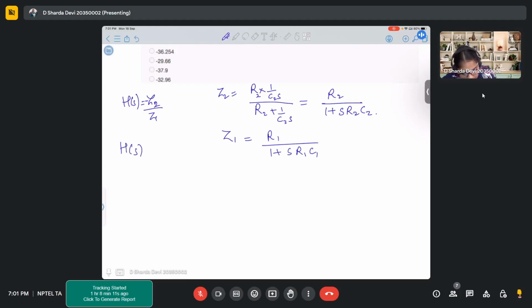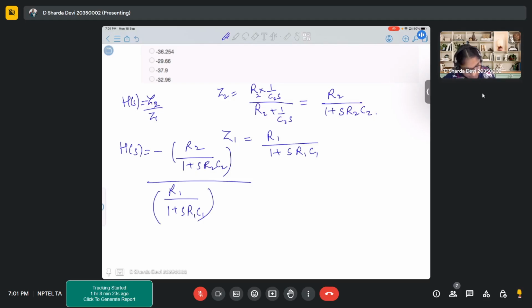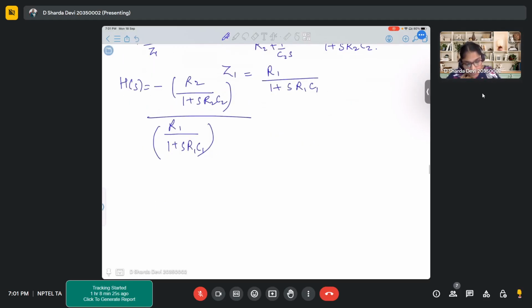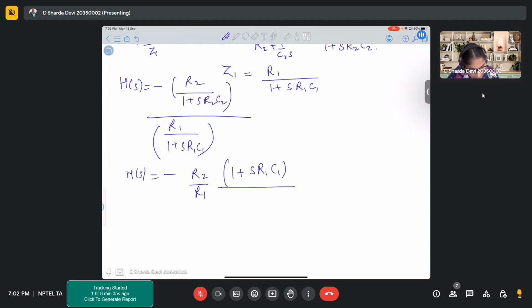H of S is equal to minus R2 upon 1 plus S R2 C2 divided by R1 upon 1 plus S R1 C1, and also equals minus R2 by R1 into 1 plus S R1 C1 by 1 plus S R2 C2.